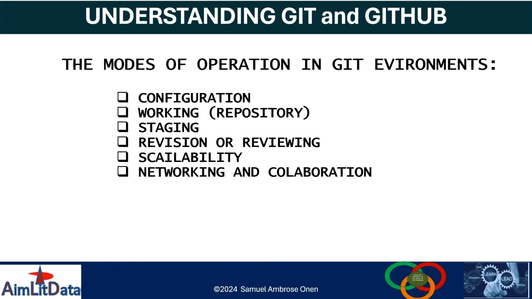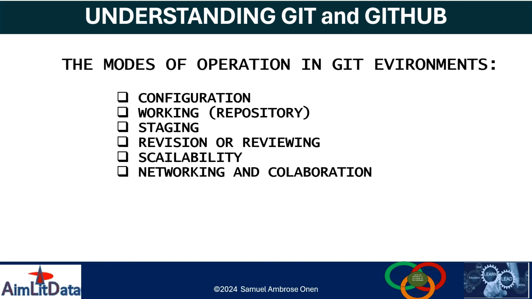So after creating our commit, we can now start networking with others by pushing what we have created locally in our local Git repository to the GitHub repository, which is created inside the GitHub server.